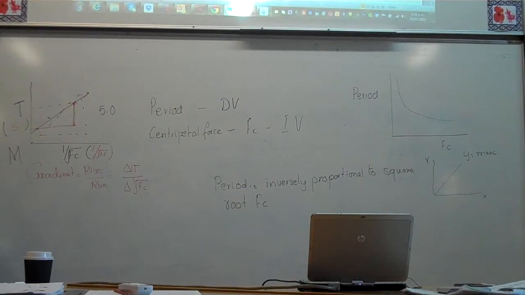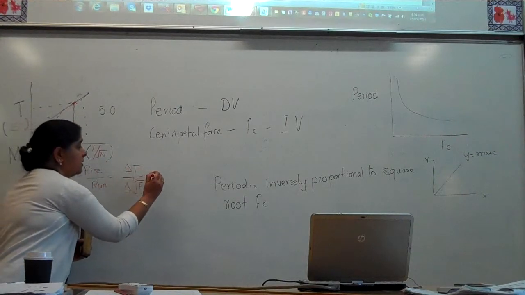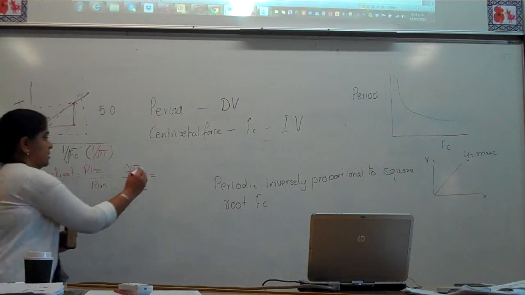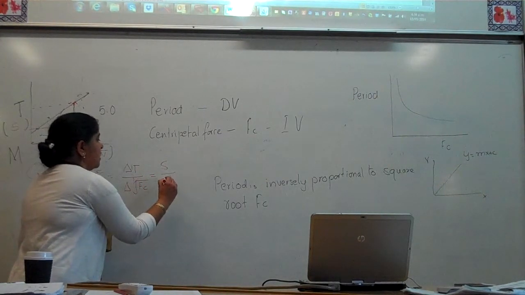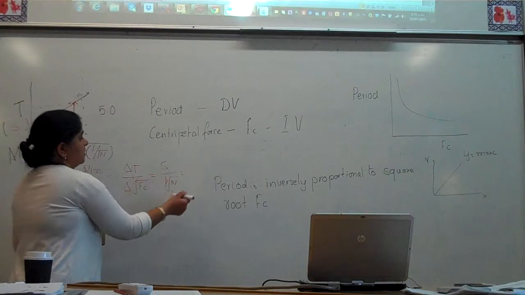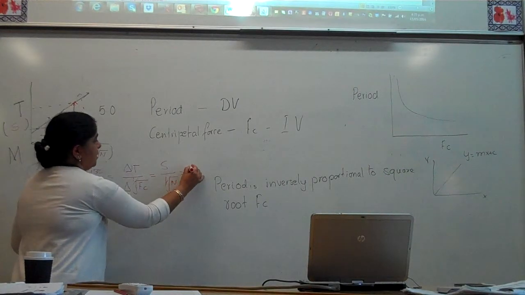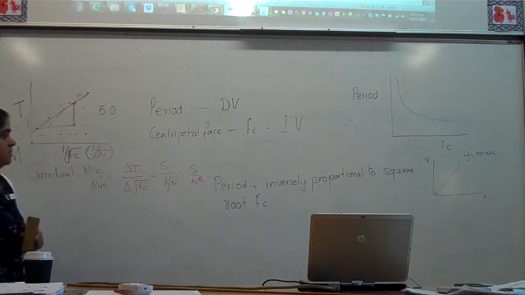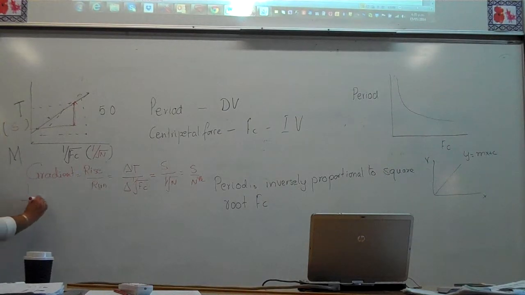So, what is the unit for time period? Seconds. The unit for Fc is 1 divided by square root newton. Let's first solve this one because this looks quite complicated as a unit. 1 over square root of N is N to the minus half.